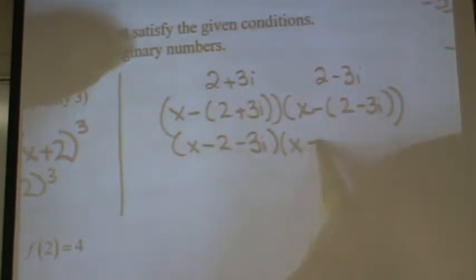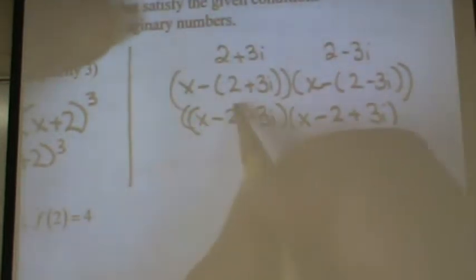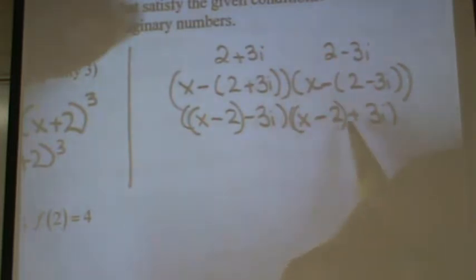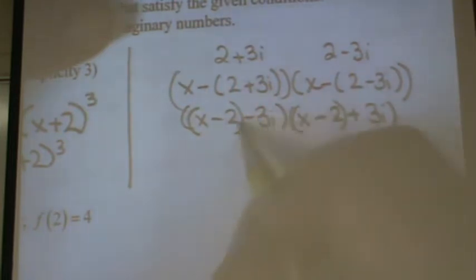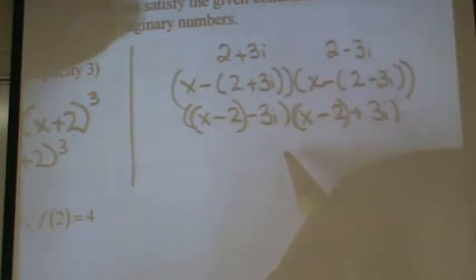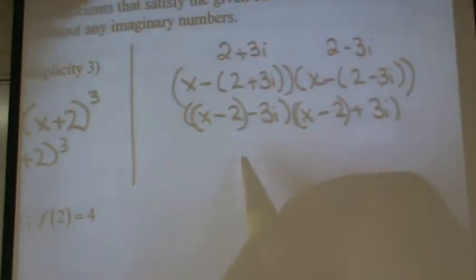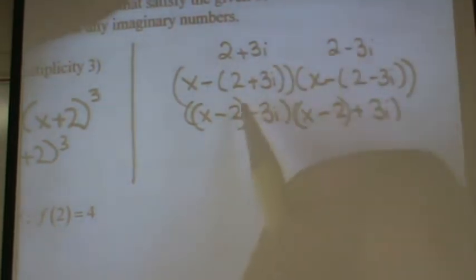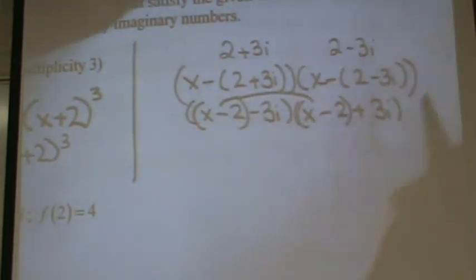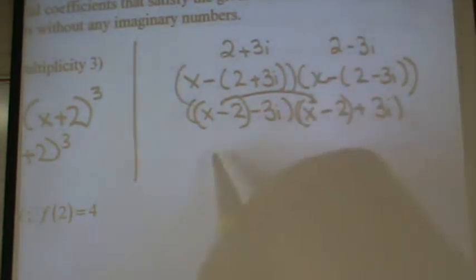And we did this on Friday. x minus 2 plus 3i. Now what you're going to do is redistribute the negative, or the x minus 2. Why am I going to do that? If I don't, I'm going to have to FOIL this out: x times 2, x times 3, and so on. You'd have to do that 9 times. Instead, all you have to do is go x minus 2 times x minus 2, which is x minus 2 squared.